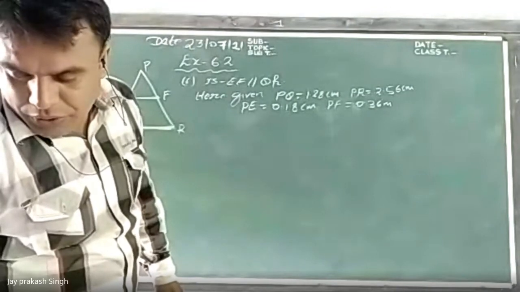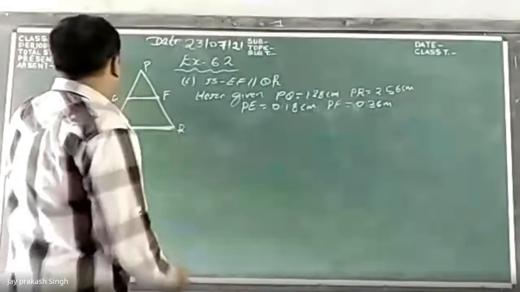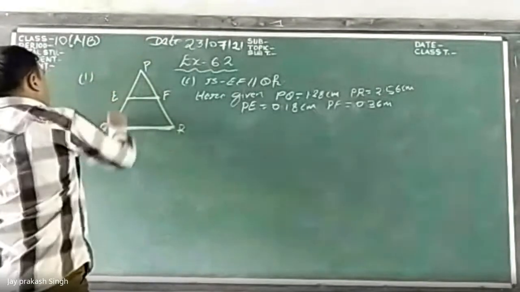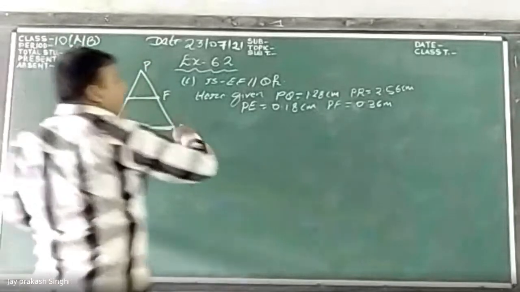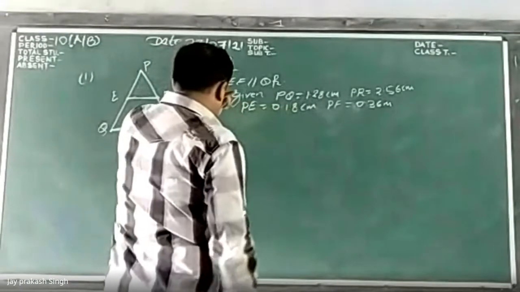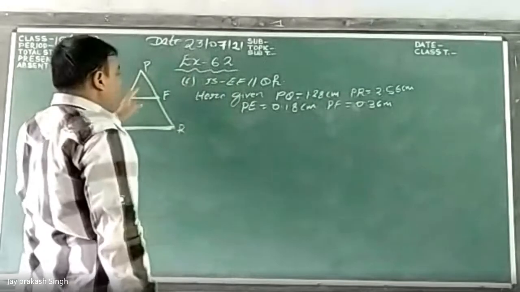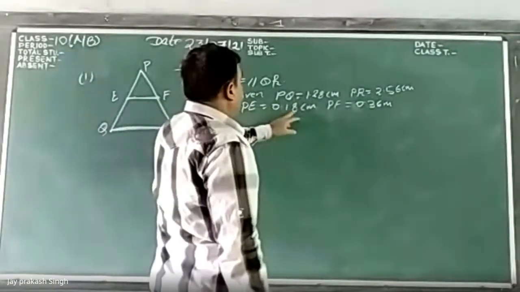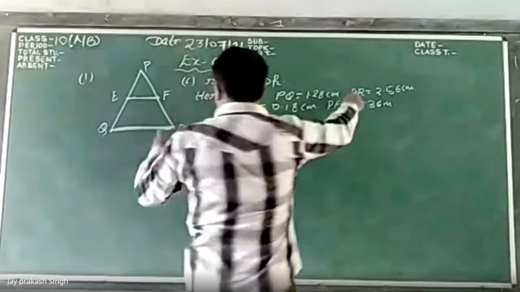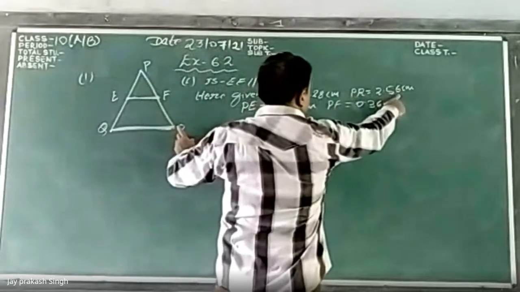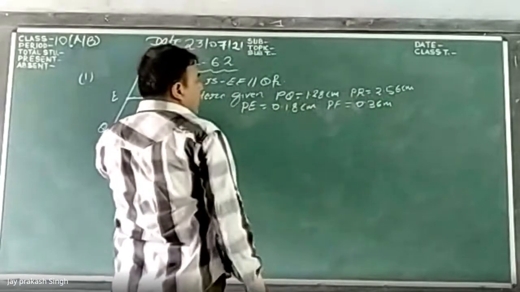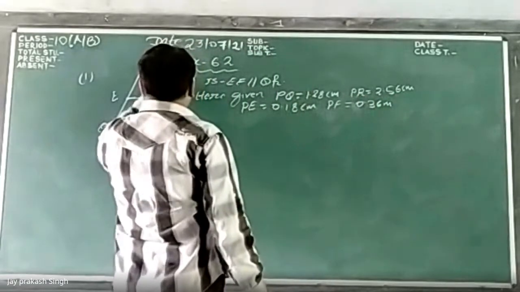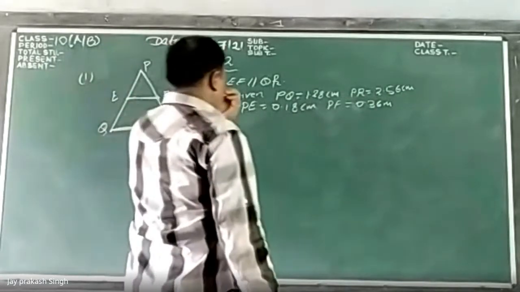PQ equal to, given the whole length is given here, PQ is given from here to here. PQ is given 1.28 centimeter, PE is given that is 1.28 centimeter, PR is given that is 2.56 centimeter, and PF is given 0.3 centimeter.